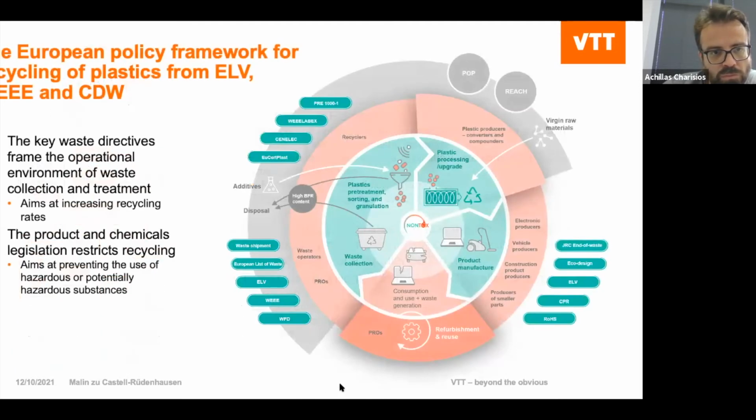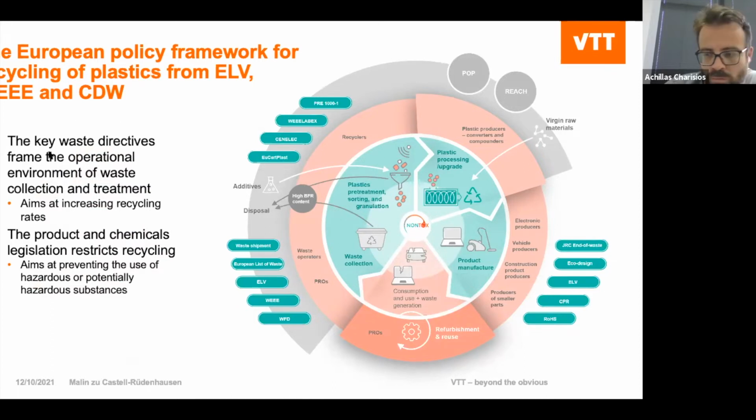When developing recycling technologies, it's important to also understand the limits set by the operational environment. In NonTox, we have drawn the policy framework across the circular value chain in order to create a good overview of the policy drivers for recycling.